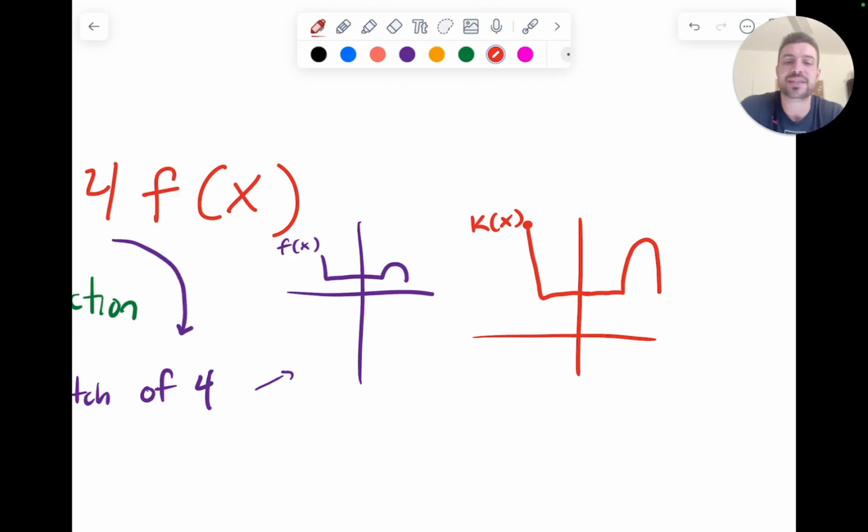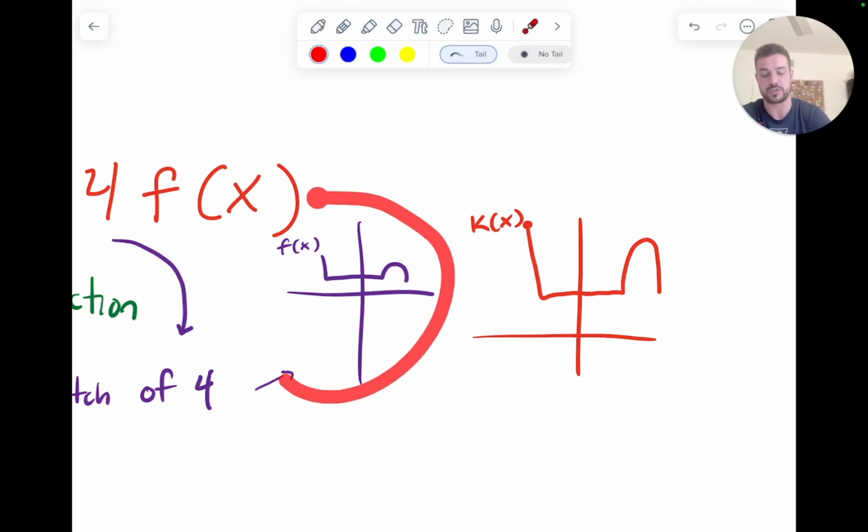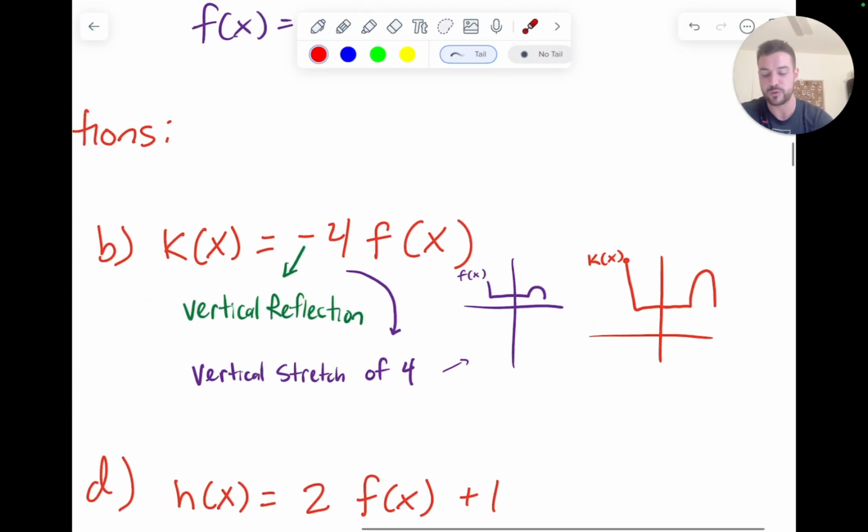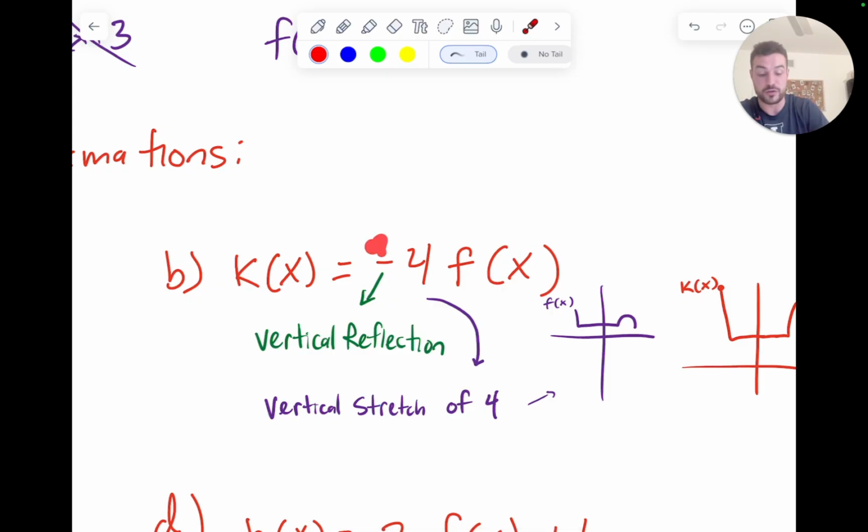So the idea is it's the same function, all right? It's almost the same as our original, except the difference is it's like we took it and we stretched it 4 times as high as we wanted it to go. All right, and the reason that is again, first we have a reflection.